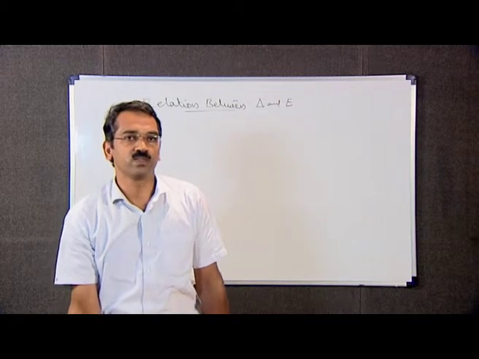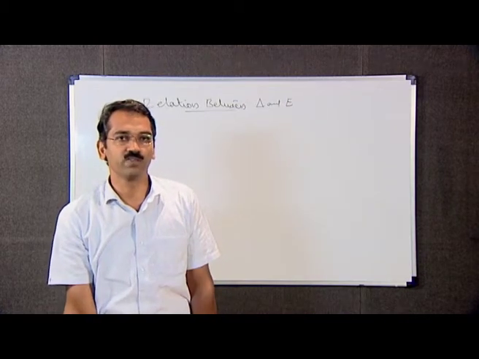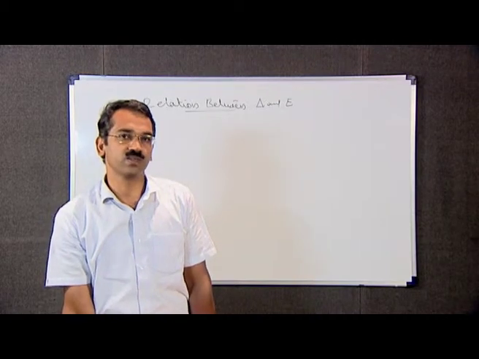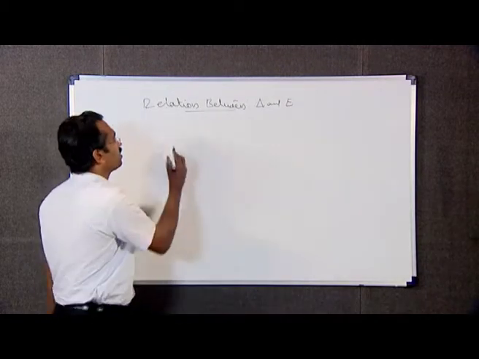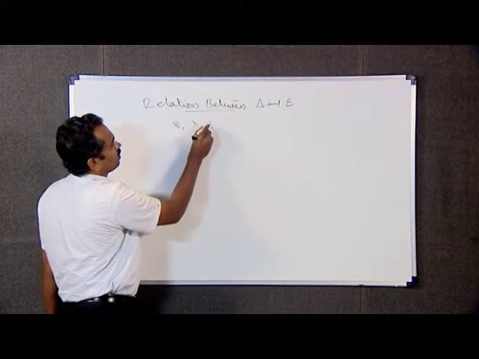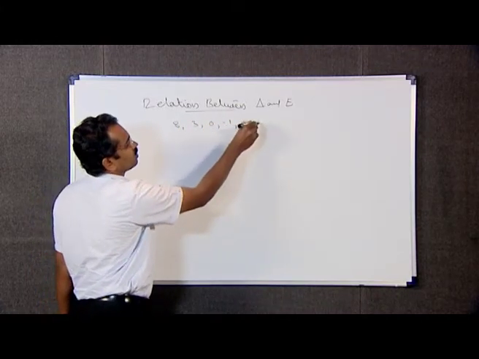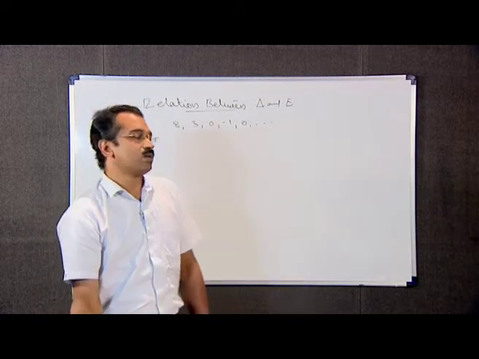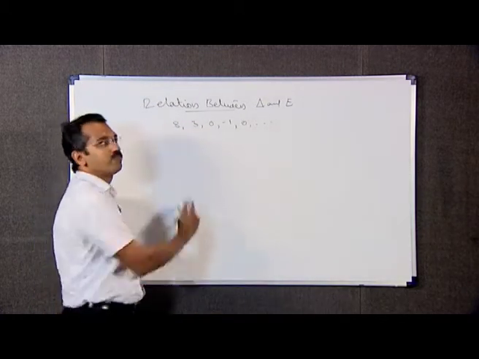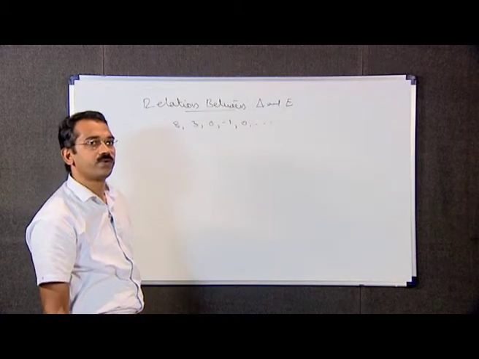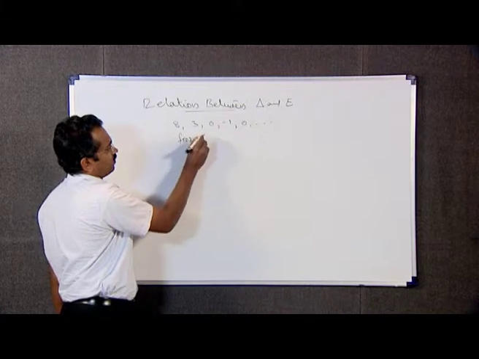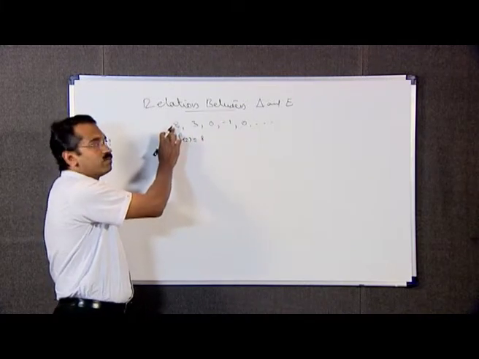The next problem is to find the first term of the given series whose second and subsequent terms are 8, 3, 0, minus 1, 0, etc. We have f(2) is equal to 8, this is the second term.